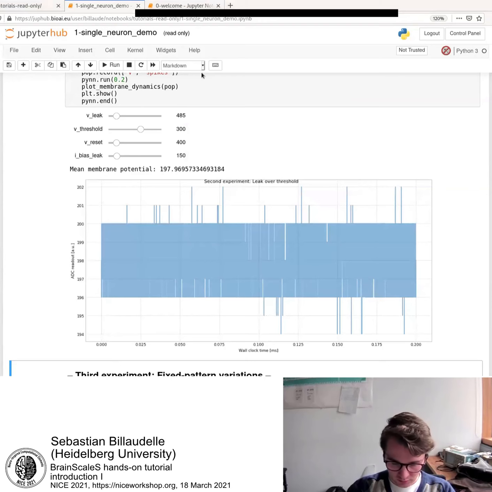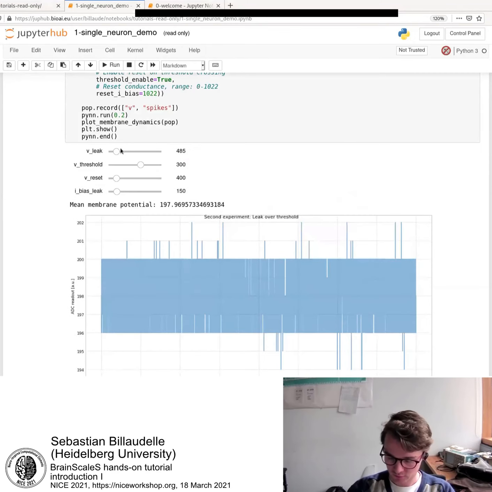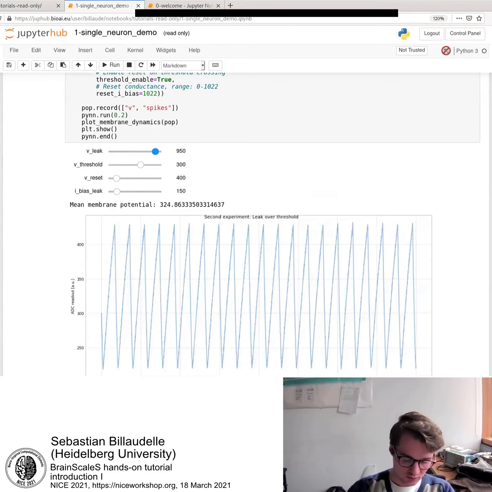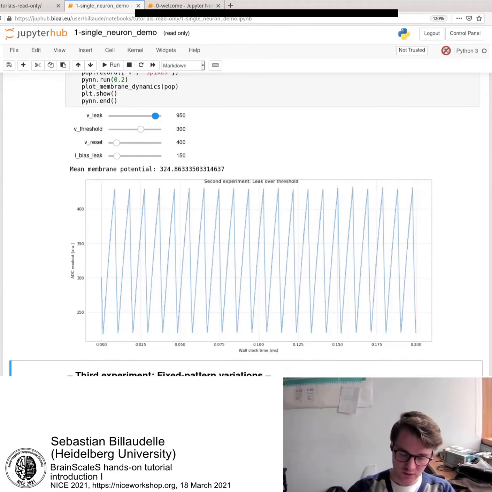But if you now increase the leak potential, you will see that your neuron starts to fire, because the membrane is continuously pulled towards the leak potential as above, but now that leak potential is above the threshold. So that leads to the situation that the membrane rises and rises, crosses the threshold, and is reset to the reset potential.